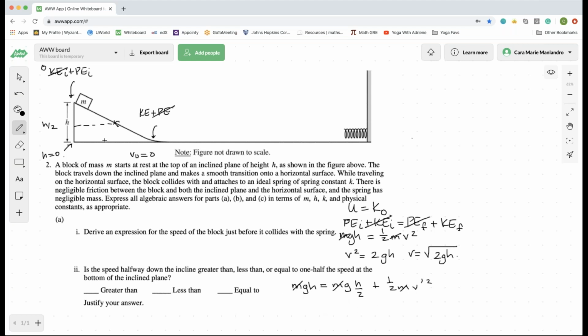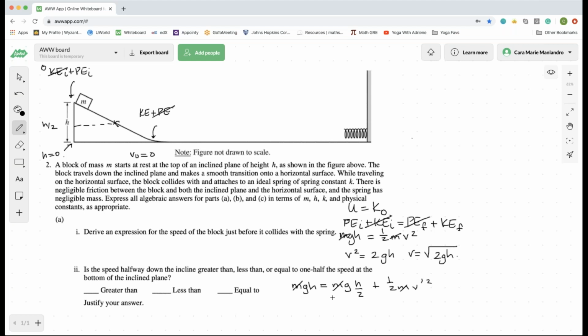Is everybody with me? So here I have all potential energy, and then at this point I have some potential, some kinetic, and I'm just denoting it v prime because it's not the same velocity as down here. So just a different velocity.